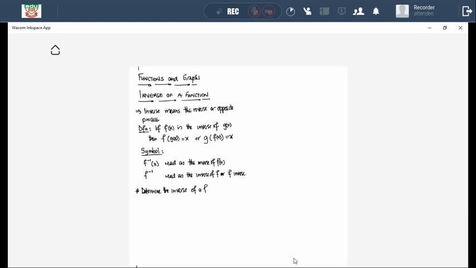There are two methods. The first one is the algebraic method. The second one is the graphical method.